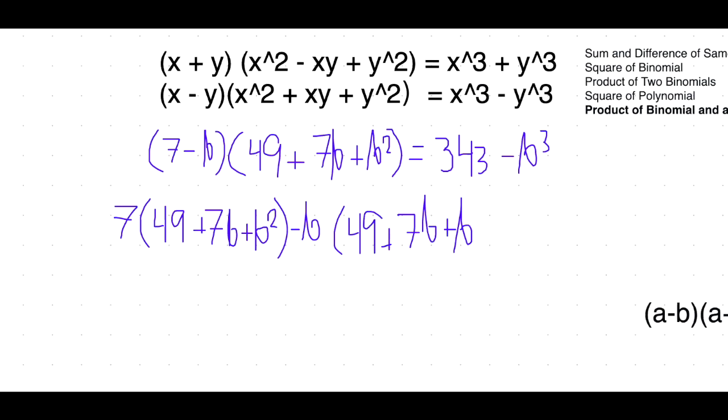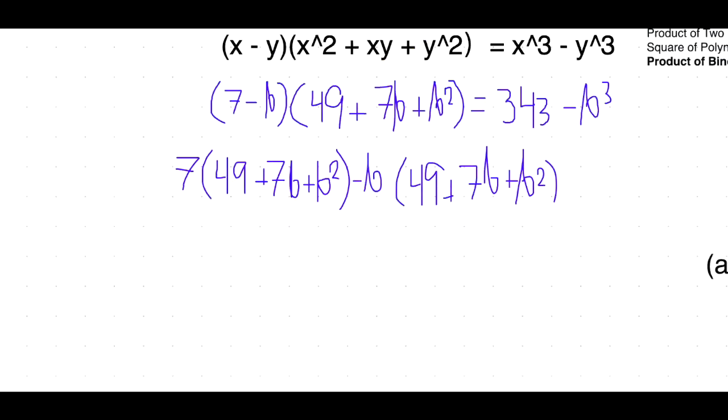Okay, so let's multiply out these brackets. 7 times 49 is 343. 7 times 7b, that's 49b. 7 times b squared is 7b squared.